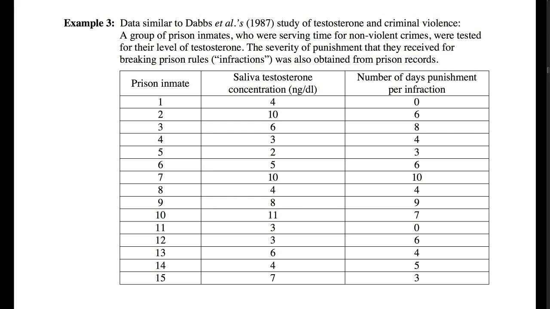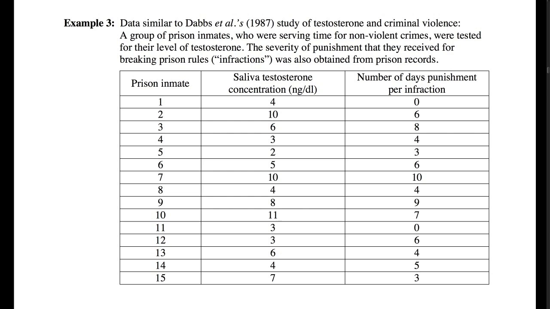And they looked to see, on the average, how many days punishment did each person receive. And the idea is here, the more violent you've been, the more punishment you will have received, because you'll have been doing more violent, more serious acts that would have got you into trouble.